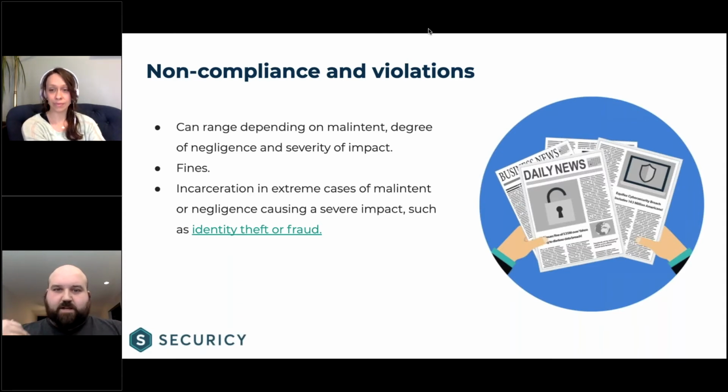A test result, any type of thing, priority mail sent out to the wrong address. That's a breach. That's a violation.